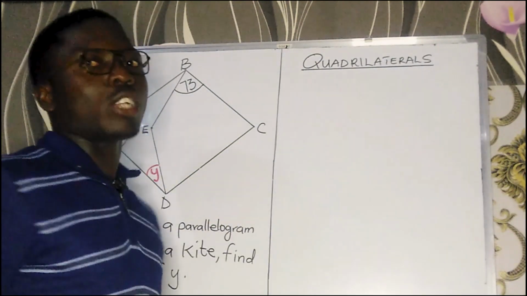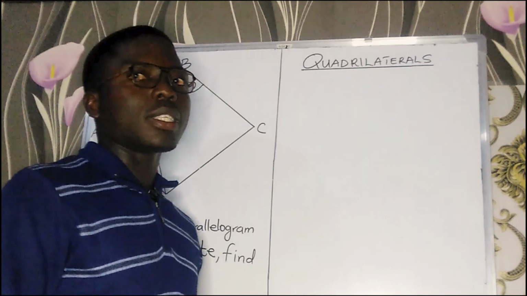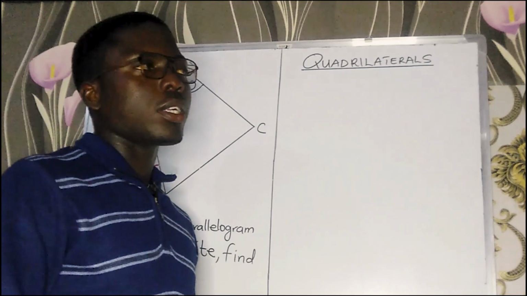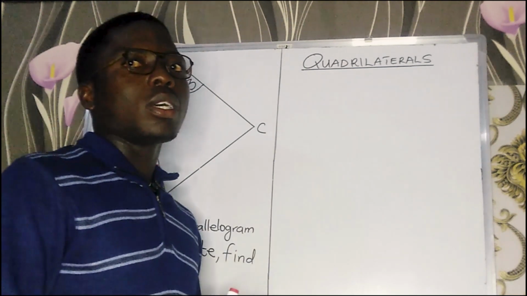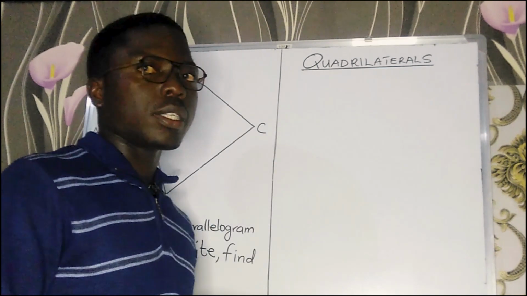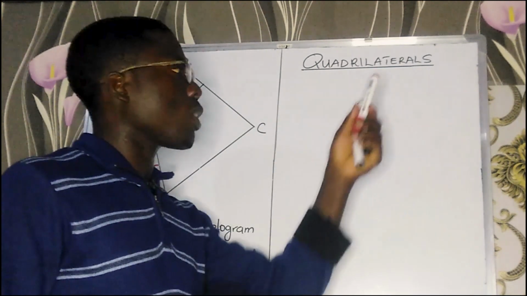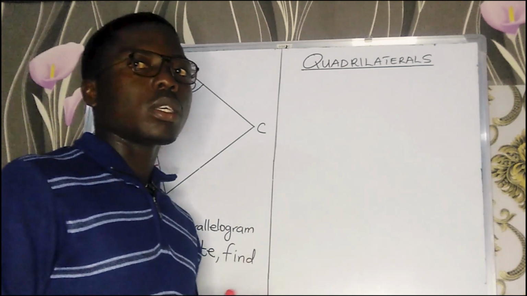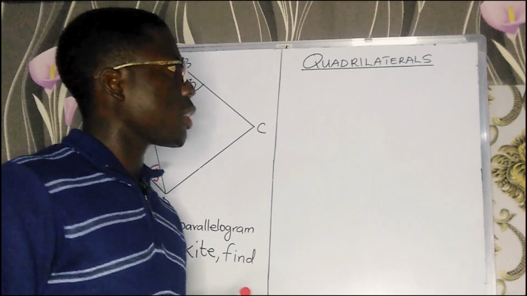When we talk of a quadrilateral, what is a quadrilateral? Quadrilaterals are plane figures which are enclosed with four sides.